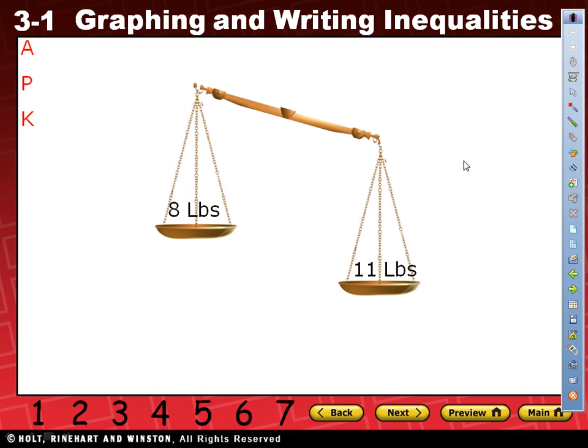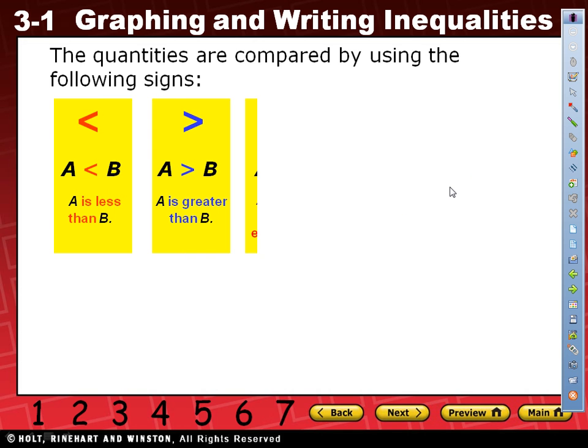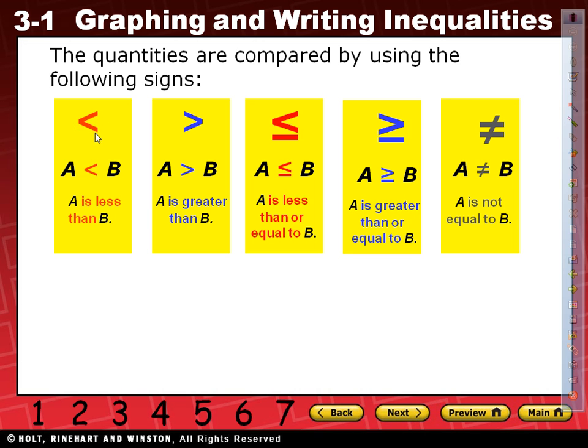With that said, copy this table down, please. In the back, on the Q side, copy these symbols. This one, less than: just draw the little arrow to the left, and it's called less than. The arrow to the right is called greater than.